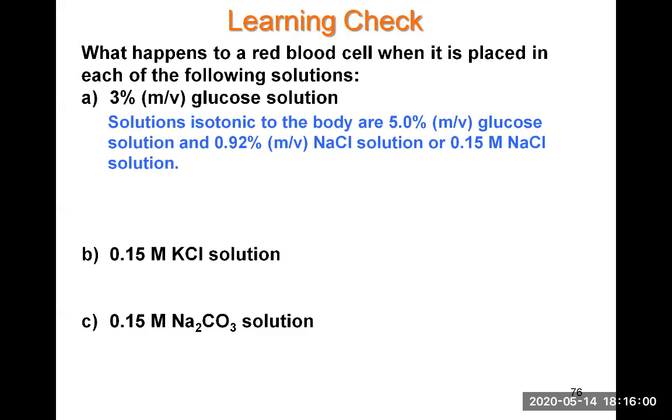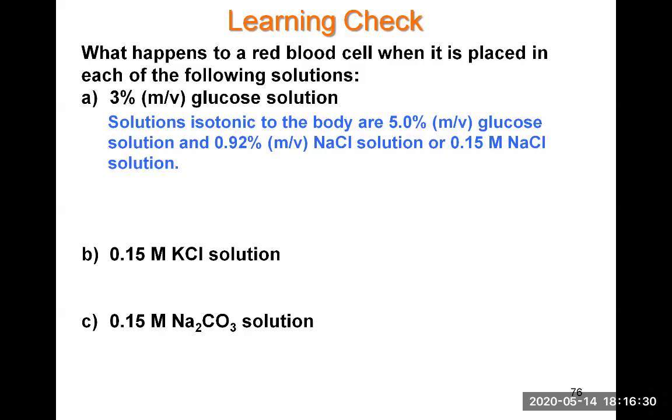So when you place this red blood cell into a 3% mass per volume glucose solution, you want to compare the concentration of the solution you're placing your red blood cell in with a comparable concentration inside the body. So you want the units of concentration to be the same so that you can compare them.